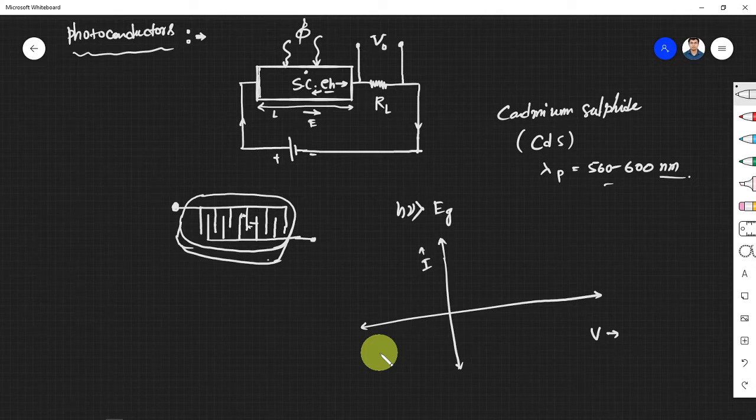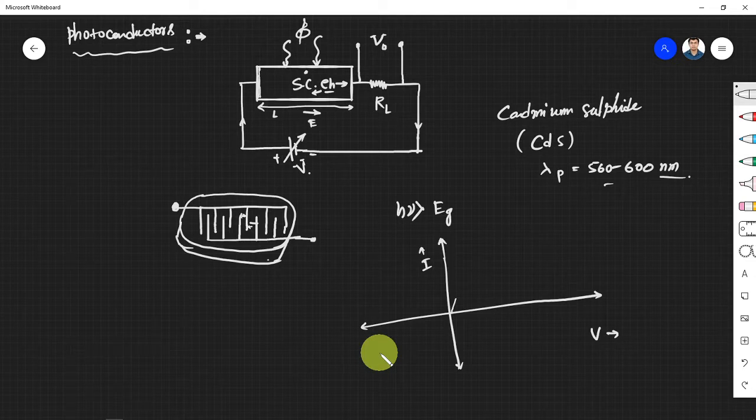When there are no photons falling on it, in the dark condition, we are basically varying this voltage V, starting from 0 and sweeping it.